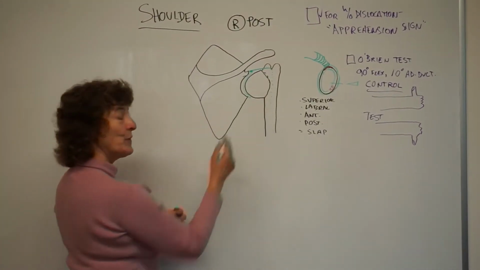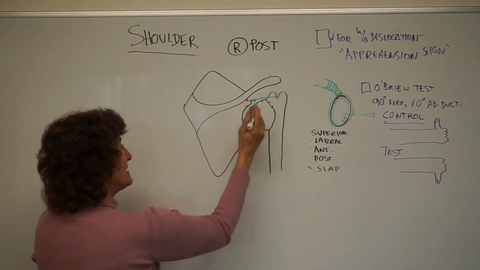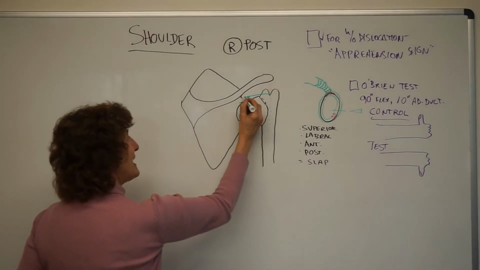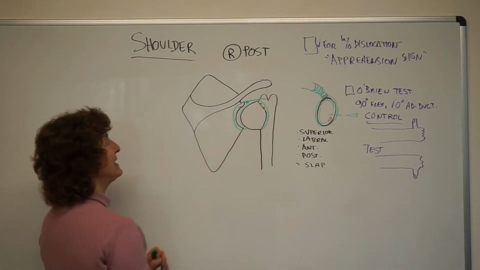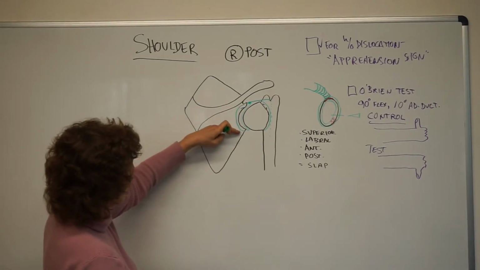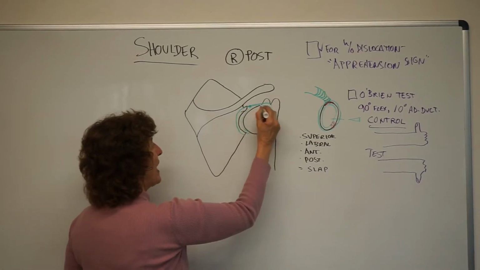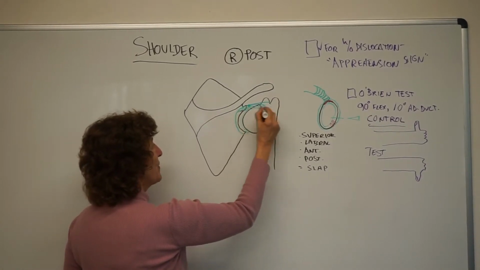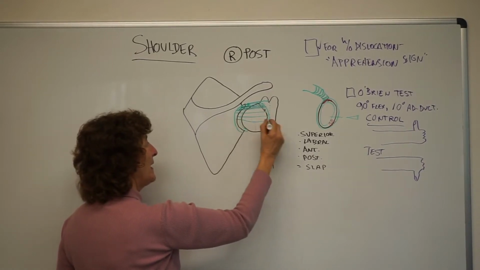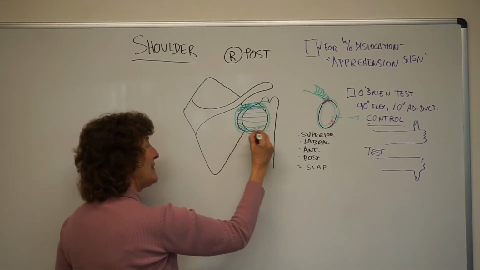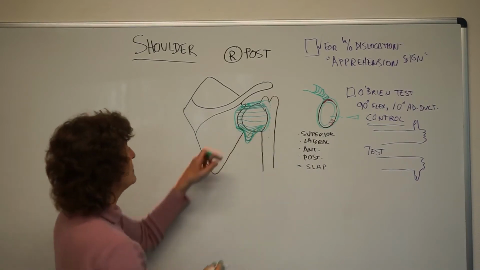Finally, with the deep structures of the shoulder, the next stabilizing structure is actually the capsule. The joint capsule, it encapsulates it. It attaches all around the perimeter of the labrum and the humeral neck, and the fibers go across, but they're extremely thick at the top, and they thin out, and then they get very thick down here as it forms the axillary pouch.